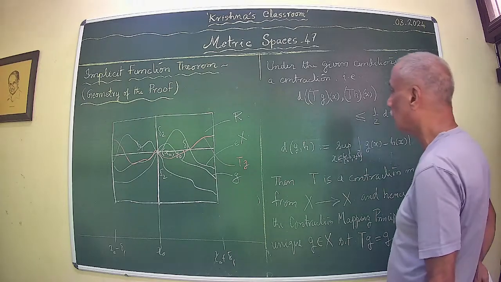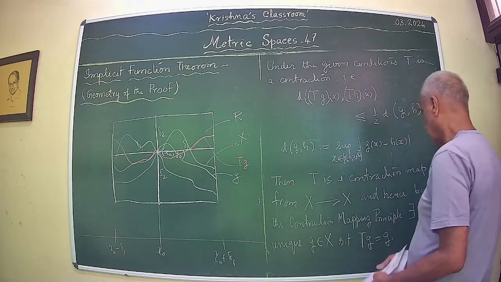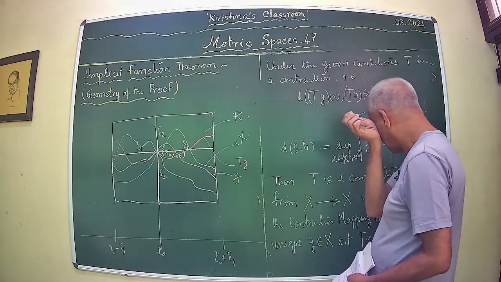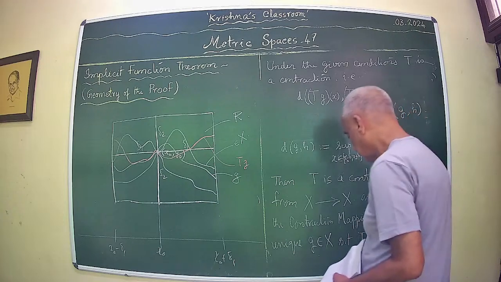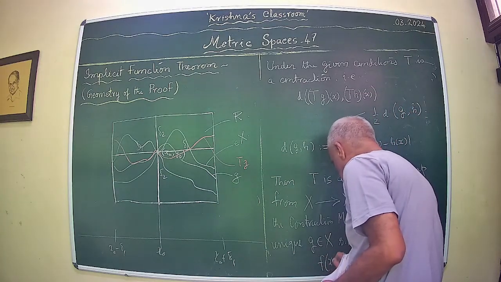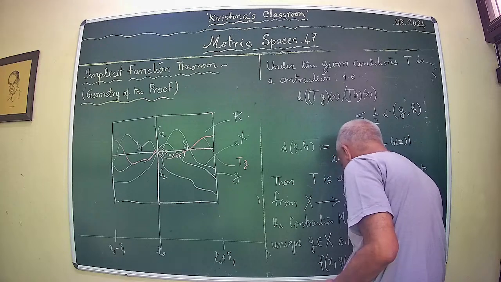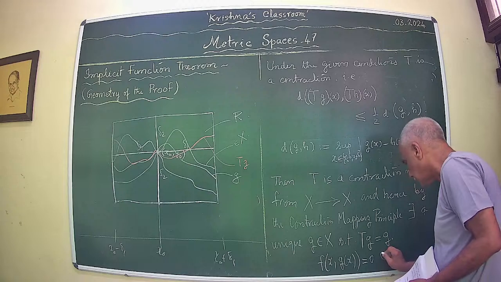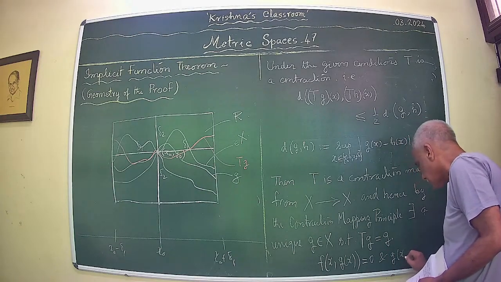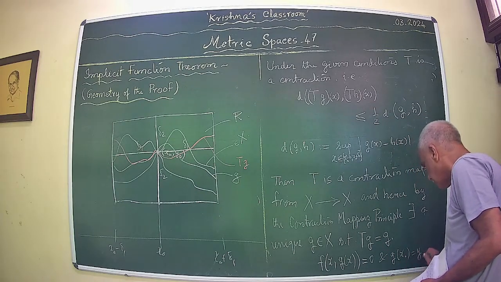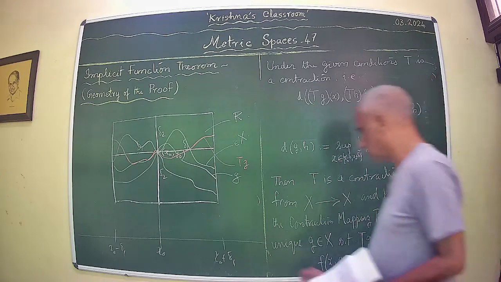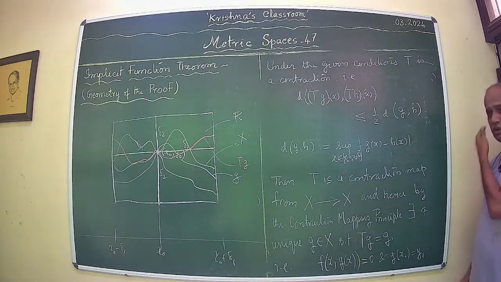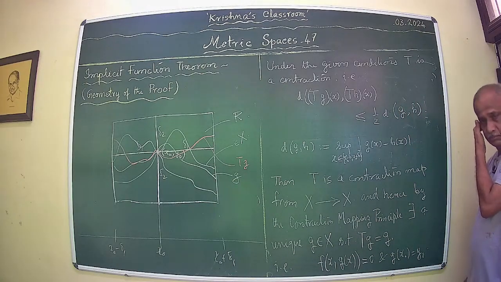And therefore, what you get is that F equal to 0, and so this is the solution of the implicit function problem. Okay.